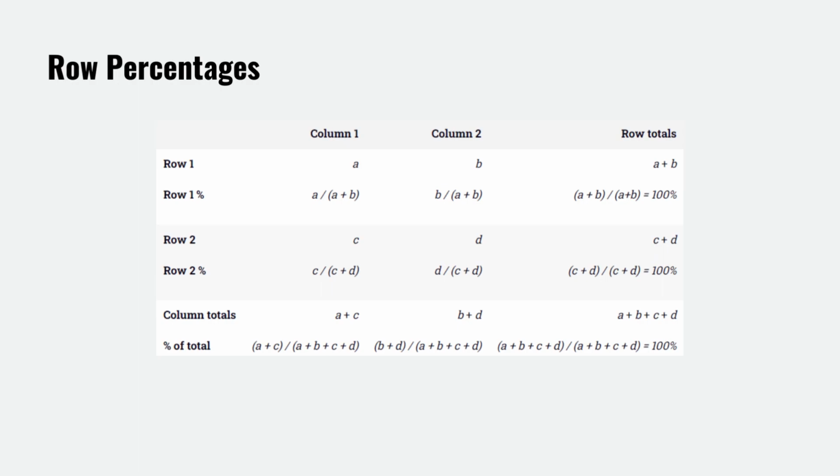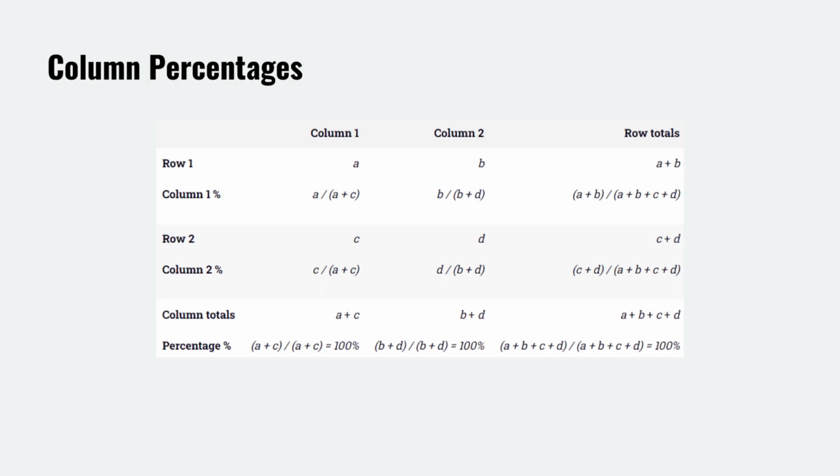Now let's take a look at the column totals. If we look closely, we'd notice that when computing column percentages, just like computing row percentages, the denominators for cells A, B, C, and D are determined by the column sums.